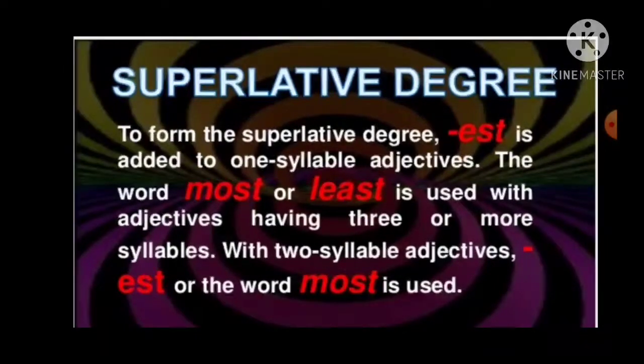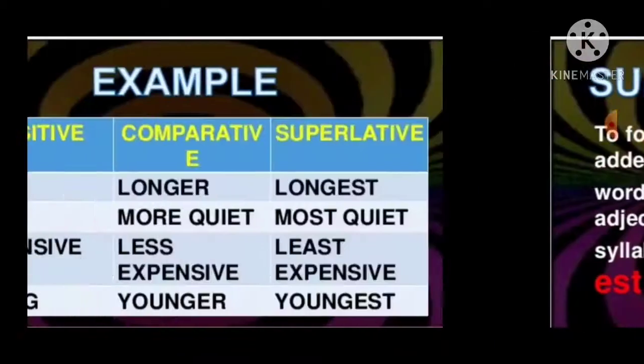If the word consists of more than one syllable, we use most or least before the adjective in positive degree to form the respective superlative degree. Let us see how we are going to form it.